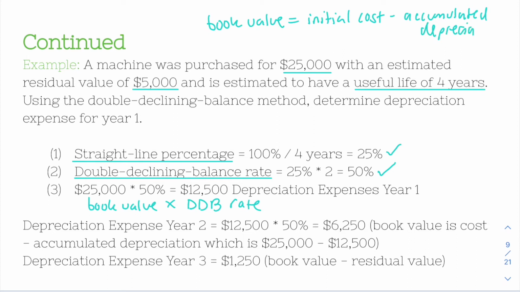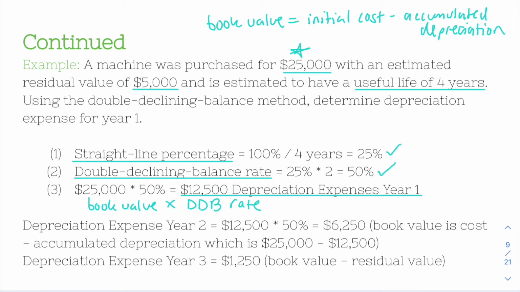So in year 1, there hasn't been any depreciation yet. We're calculating depreciation. So our book value is just the initial cost, and the initial cost was this $25,000. So $25,000 times 50% is $12,500 in depreciation expenses for year 1. So year 1's pretty straightforward.